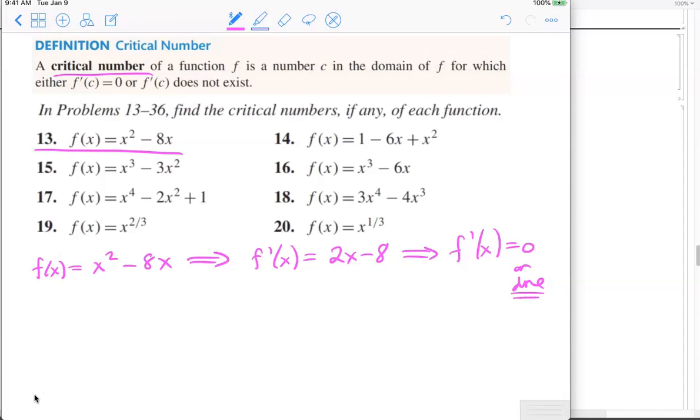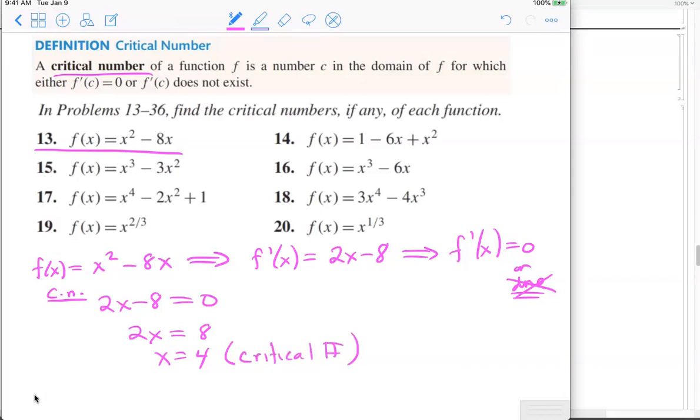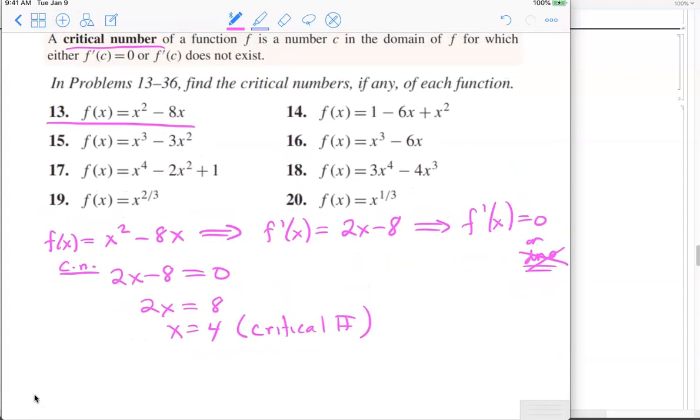We can see that the derivative always exists, since 2x minus 8 is always defined, but 2x minus 8 is equal to 0 when you solve it, giving 2x equals 8. So x equals 4 is a critical number. Okay, so that's the end of that step.